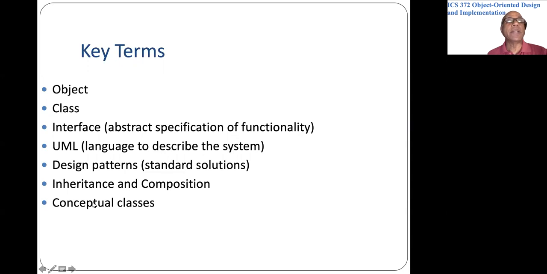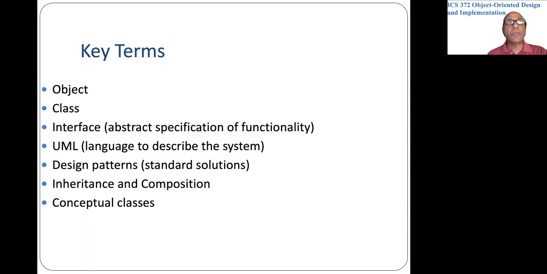When you look at the requirements for a system, you start seeing that there are conceptually some classes involved. For example, when you read about a university, you start thinking that there could be a class called student or a class called faculty. Or when you are dealing with an airline, you might think of a class called flight or a class called employee and so on.